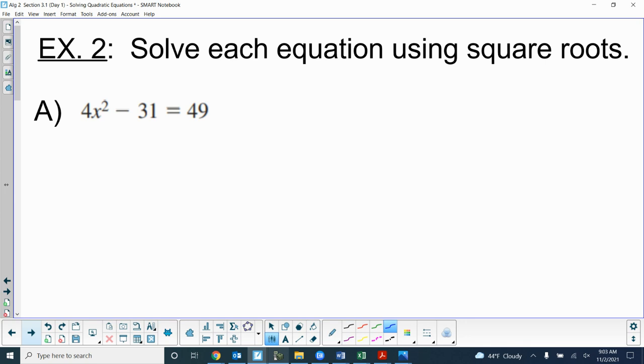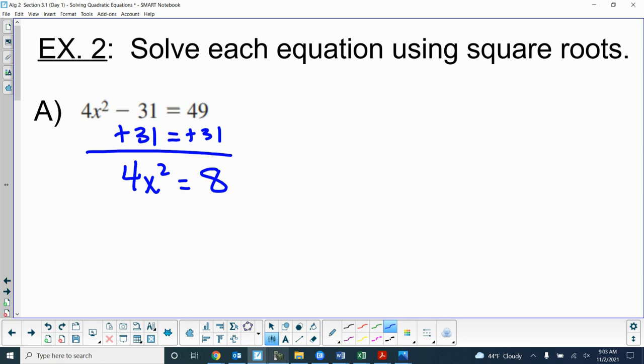So we're gonna do what first? We're gonna add the 31, aren't we? So now we have 4x squared equals 80. Then what? We're gonna divide by 4, right? So we want to get the x squared alone like that, okay?